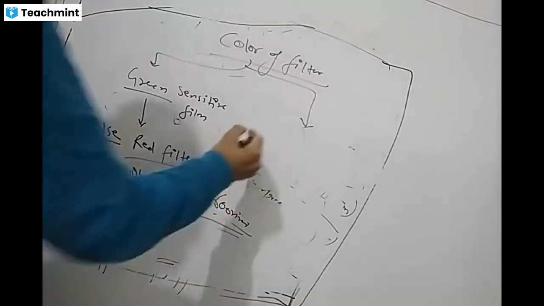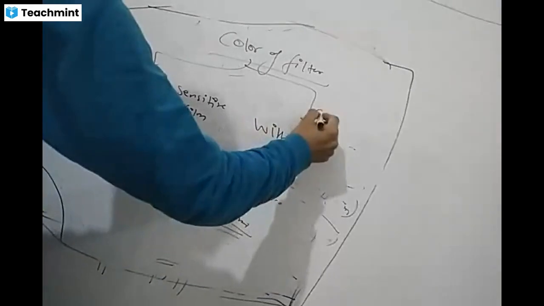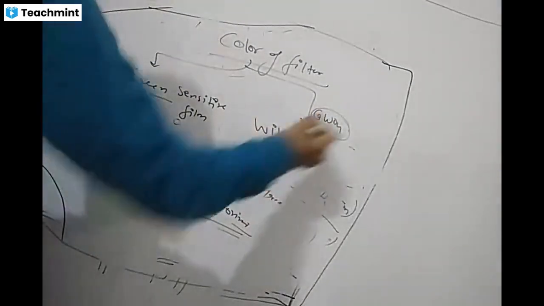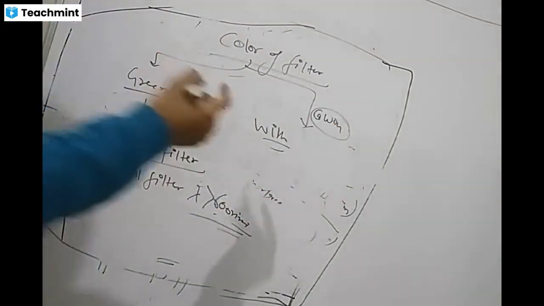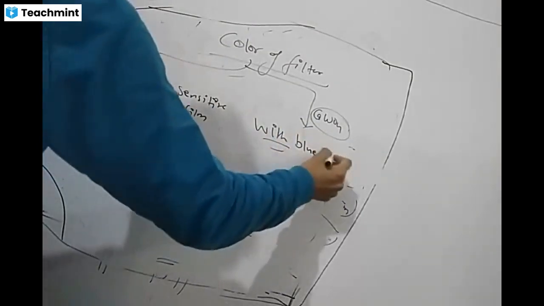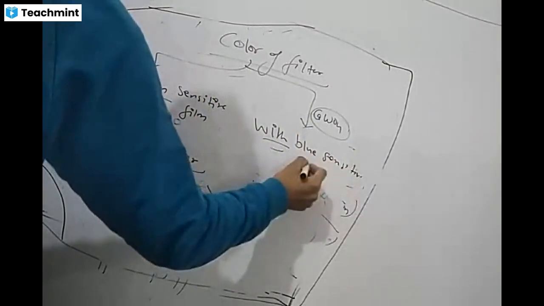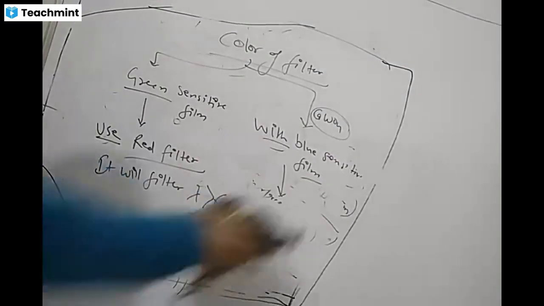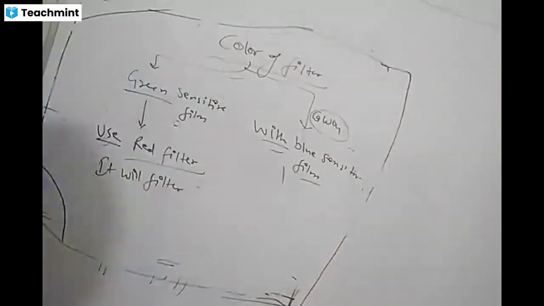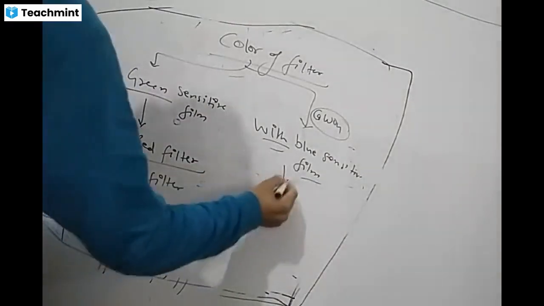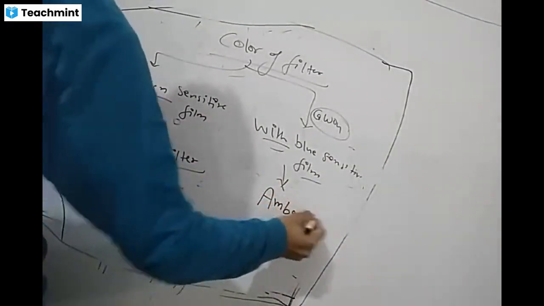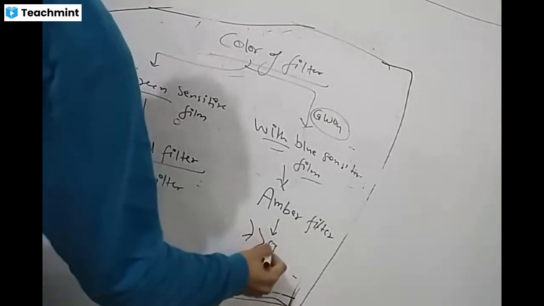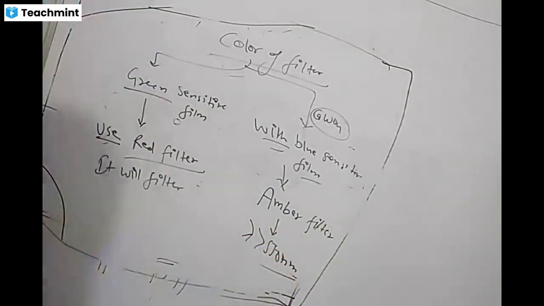The second case is if you are using calcium tungstate as your intensifying screen material, then that will emit blue light, and in that case you are using blue sensitive film. If you are using a blue sensitive film, the filter which is recommended is amber. We use the amber filter because it will filter wavelengths more than 550 nanometer.